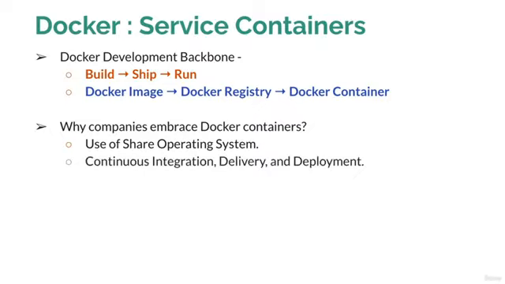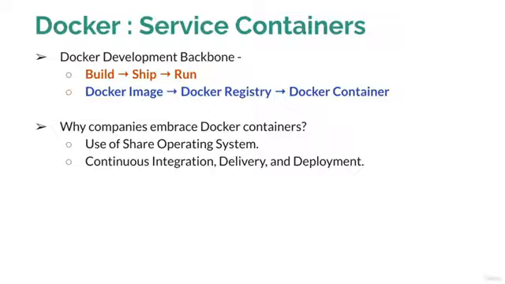Second is continuous integration, delivery, and deployment. The same thing: build, ship, and run. Developers are developing their code, creating the artifact in terms of a Docker image, delivering this artifact to the Docker registry, and doing the deployment by creating the containers.